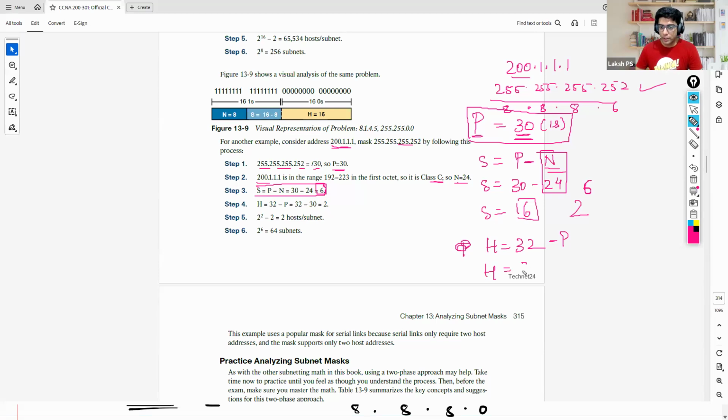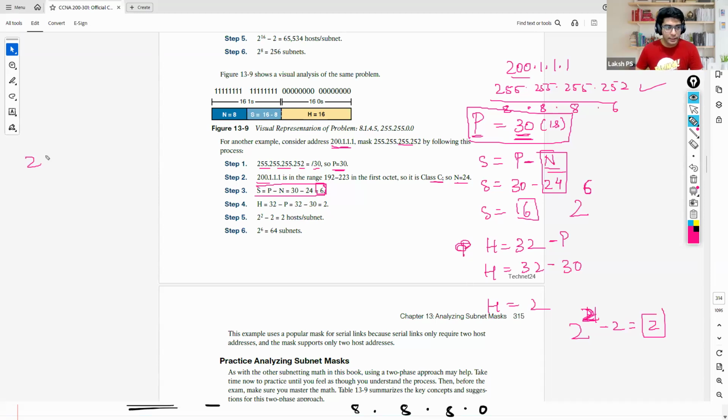So you have 32 minus 30, so h is equal to 2. The total number of hosts per subnet is 2 power h minus 2, so 2 power 2 minus 2, which is basically 2. So each subnet will only have 2 usable IP addresses.